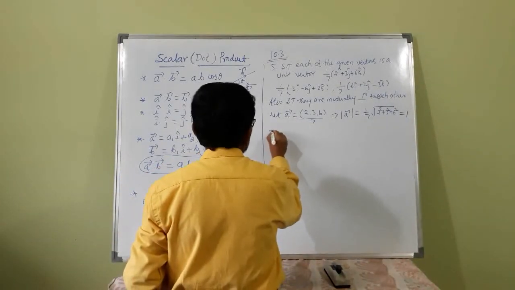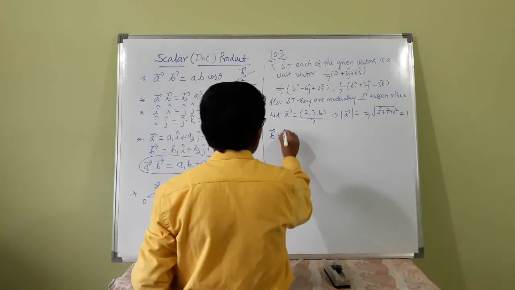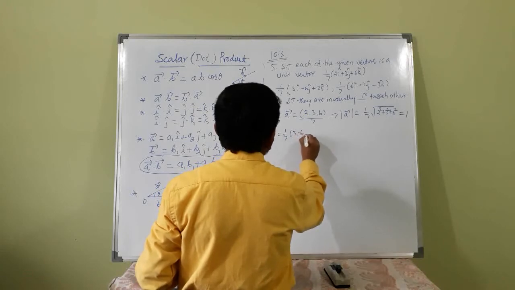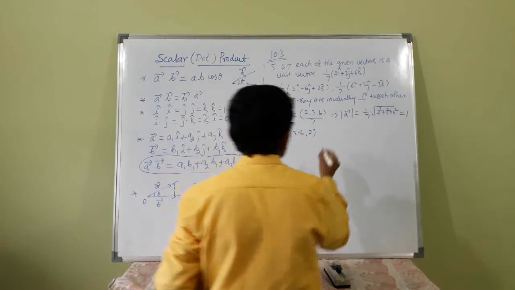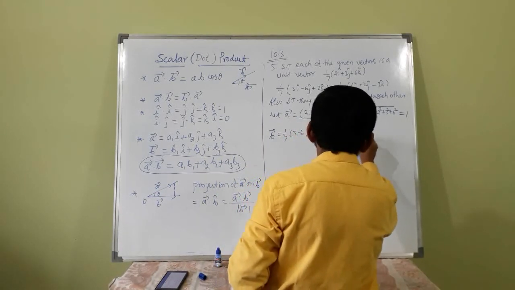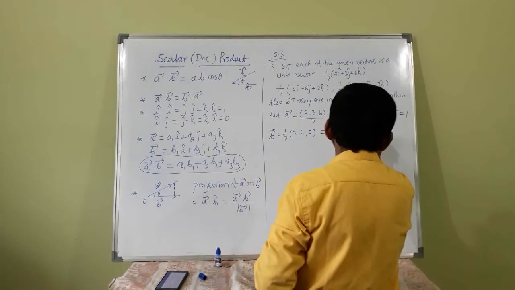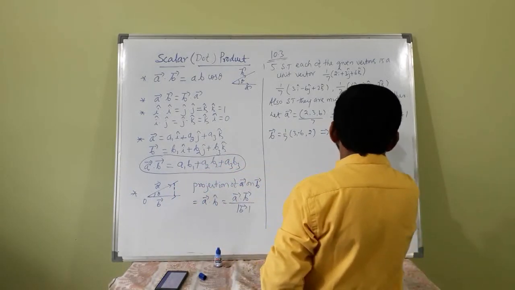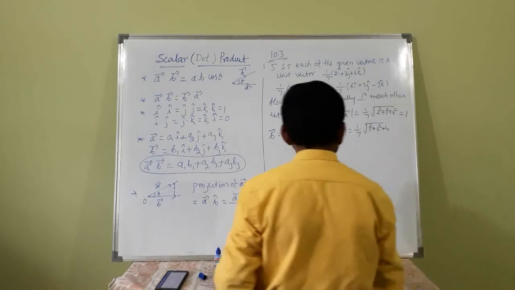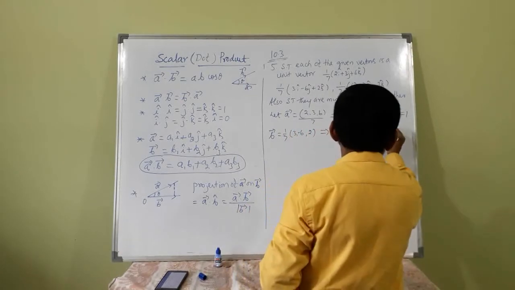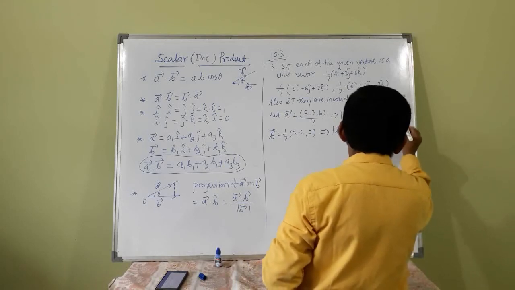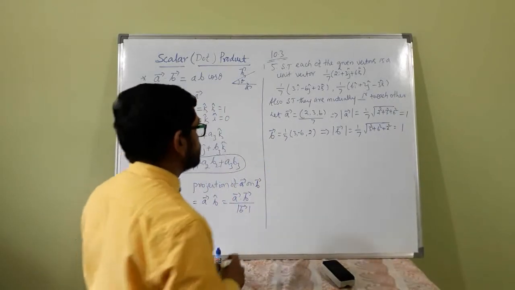Similarly B is equal to 1 by 7 (3, −6, 2). This implies magnitude of B is equal to 1 by 7 root of 3 squared plus 6 squared plus 2 squared, that is again 4, 36, 49, root 49 by 7 is 1.